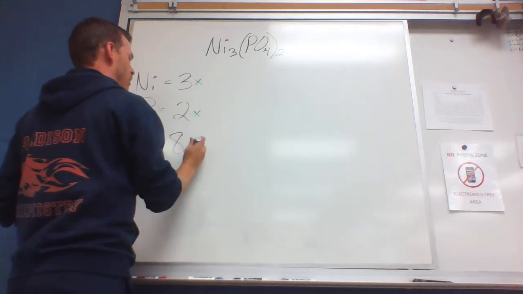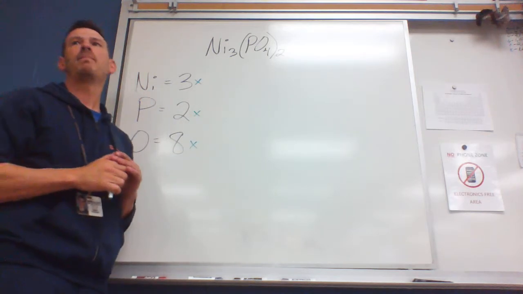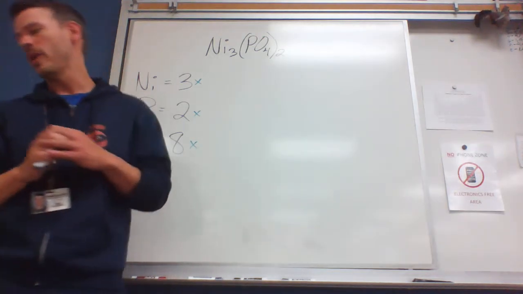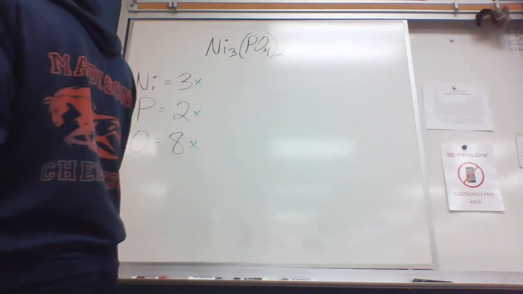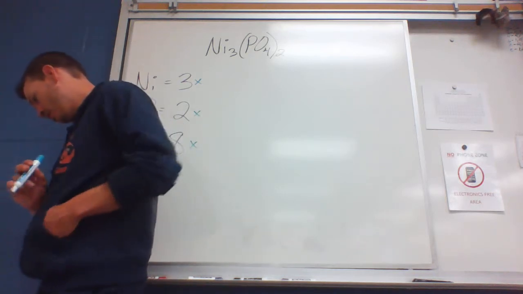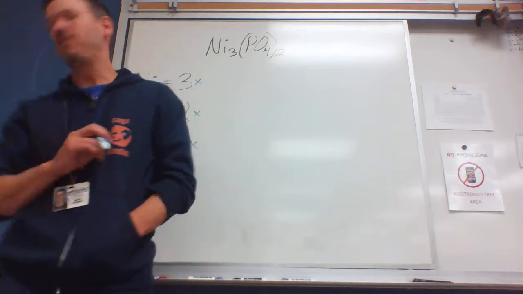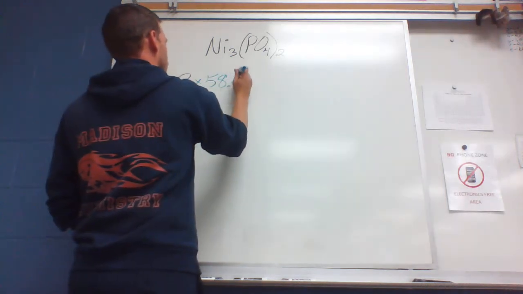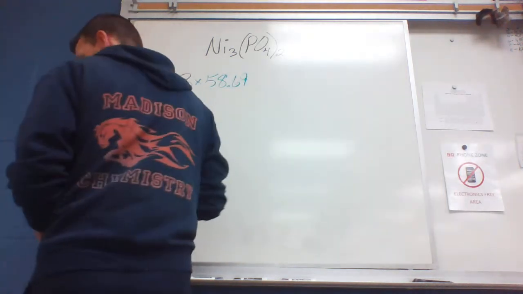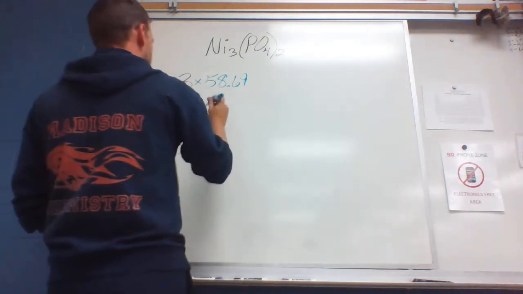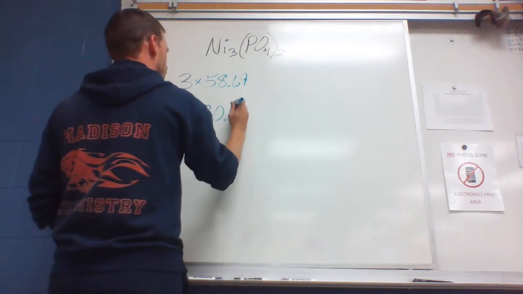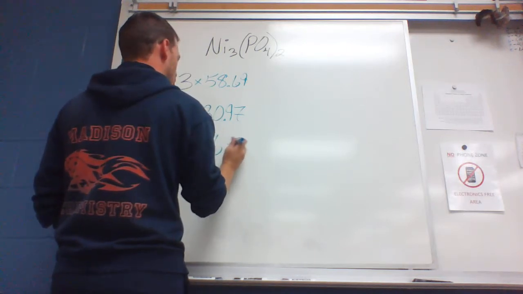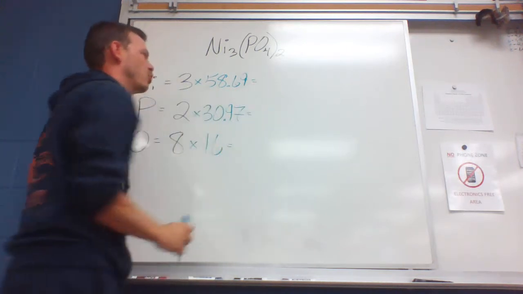To find molar mass, we want to multiply those times the periodic table masses. So you can go ahead and reference what you see there. Nickel at 58.69. Phosphorus at 30.97. And then we get to use that magical number 16 for oxygen now.